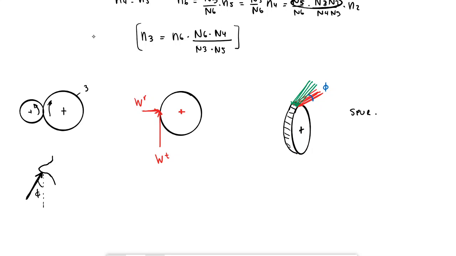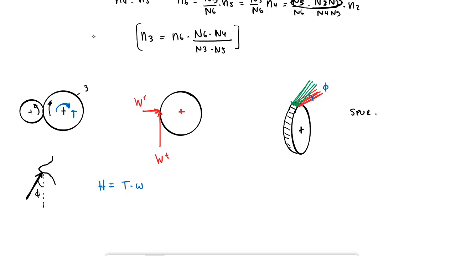We've talked about this 1,000 times, but once more, we can calculate the torque that 3 is subjected to, because we usually have the power H. We know that the power is equal to T omega.